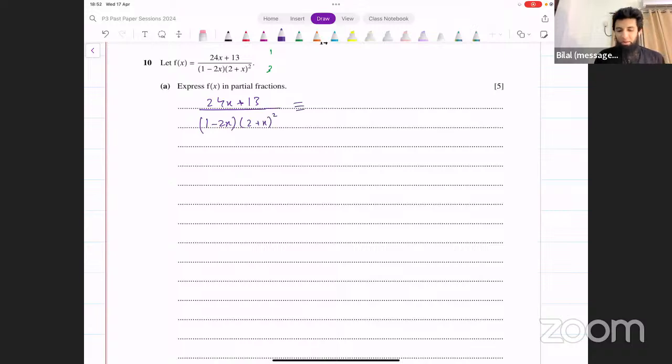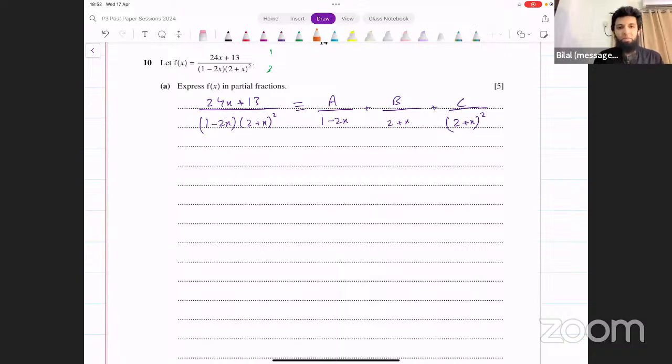What does that give us? You have non-repeated linear factor, that's a over 1 minus 2x. And then you have a repeated linear factor that becomes b over 2 plus x plus c over 2 plus x whole squared, right? That's the form that we get for this. For repeated linear factor, we have two separate fractions like this. Now, this is the form that we have.